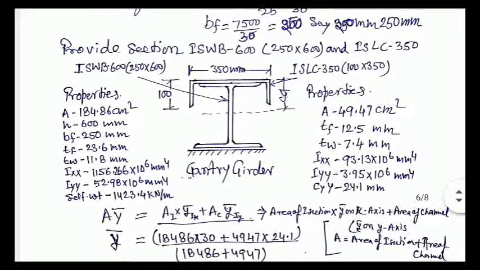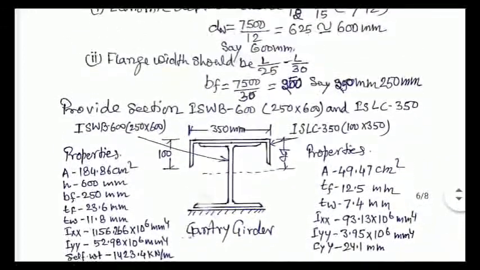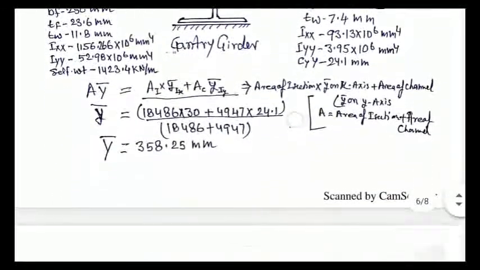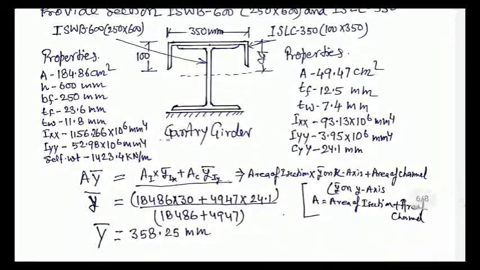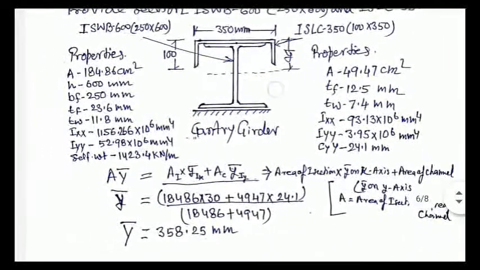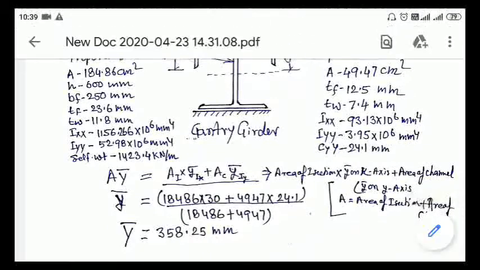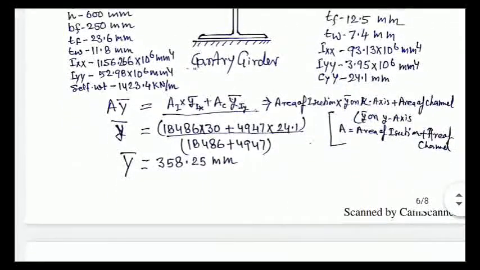Okay, so these are the properties, area and other properties of the sections. Now assume that the CG of this section will lie at Y bar. So first of all we have to find out the CG of this combined section. As we all know, A Y bar should be equal to A1 Y bar of the I section plus A of the C section Y bar.